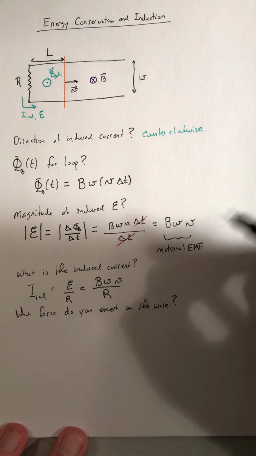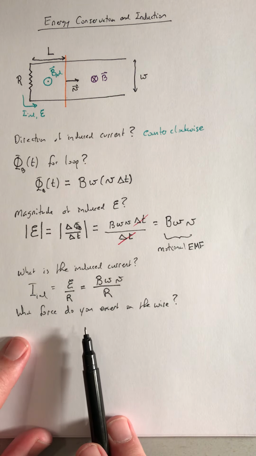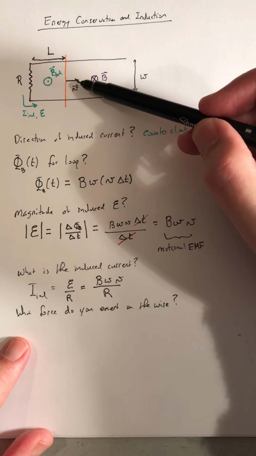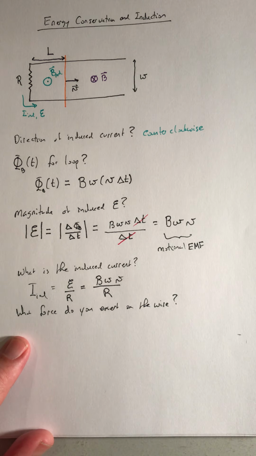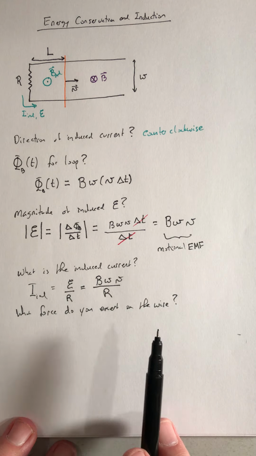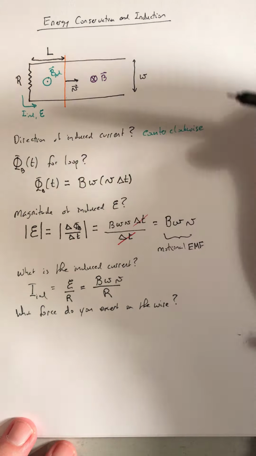Next question we want to address, what force are you going to need to exert on this wire so it keeps sliding at a constant velocity? Well, I'm going to have to exert a force that is just as strong as the magnetic force on the induced current.